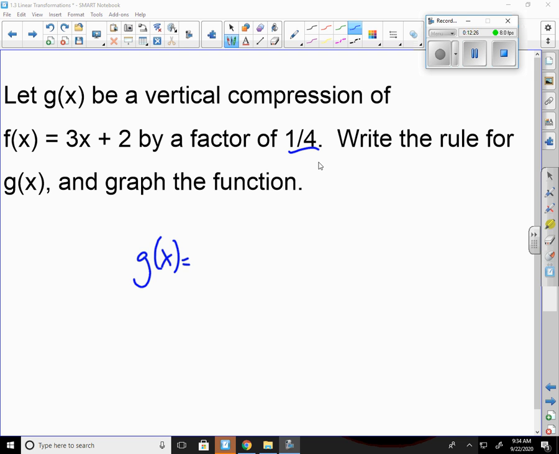We'll flip whatever's in there. So we're going to leave it as 1/4, and it gets multiplied by the whole thing because it's a vertical compression. So distribute my 1/4. That gives me 3/4 x plus, and then 2 times 1 is 2 over 4. 2 over 4 reduces to 1/2.